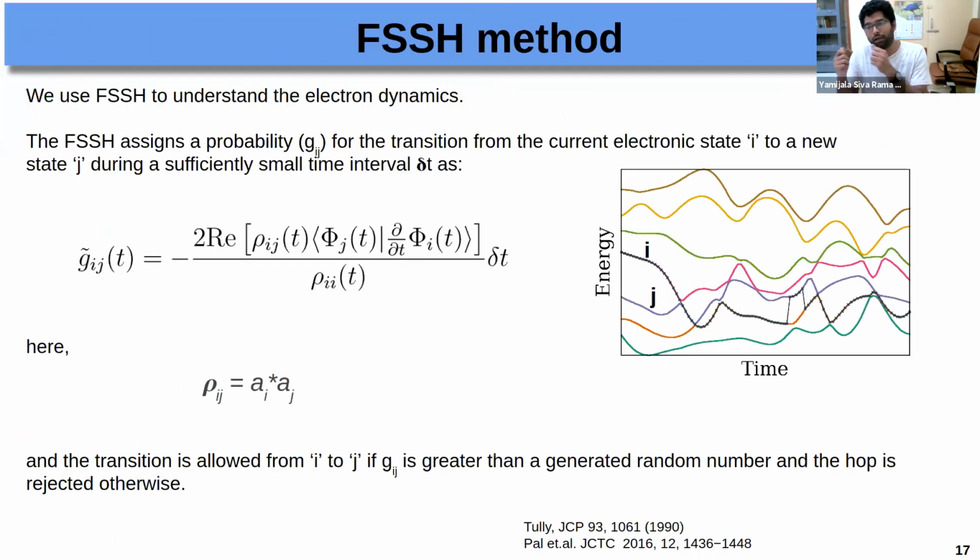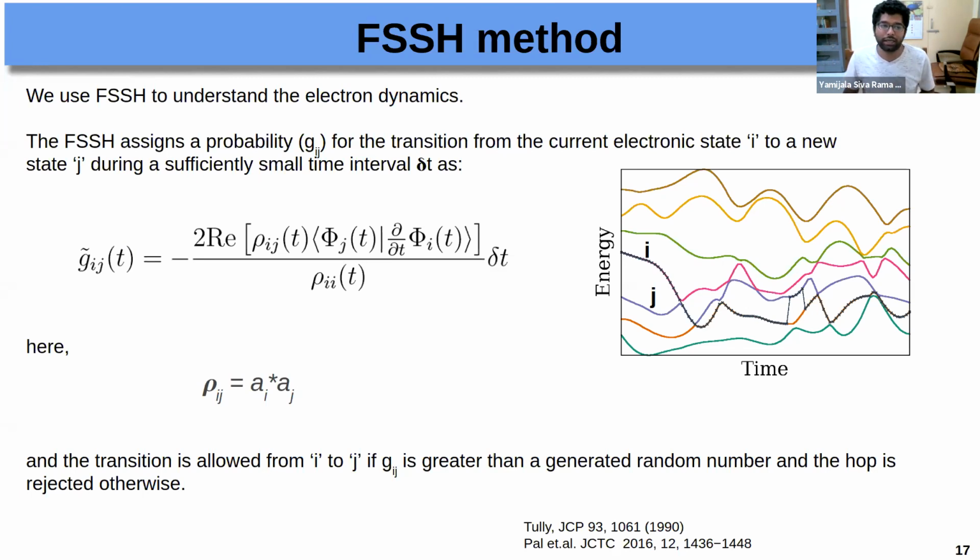Coming to the non-adiabatic dynamics method, as mentioned, we have used what is known as the fewest switches surface hopping method. This is a phenomenological model which assigns a probability known as g_ij, which we can compare with a random number, which essentially says whether an electron can go from the ith state to the jth state or not.